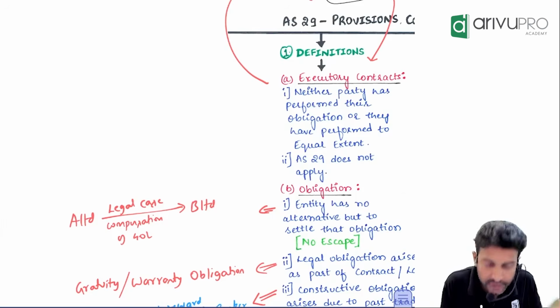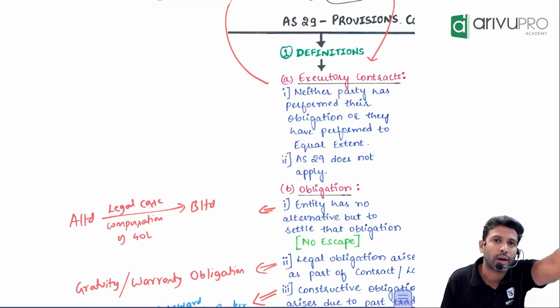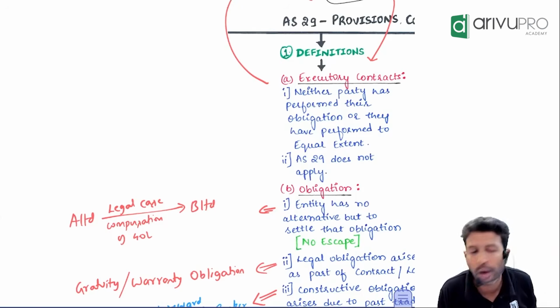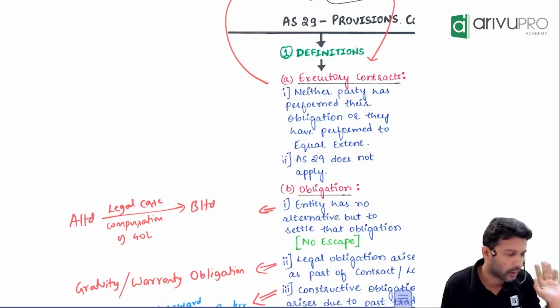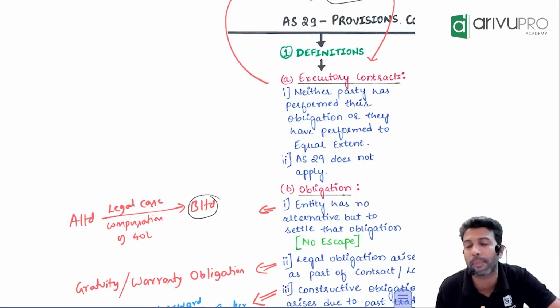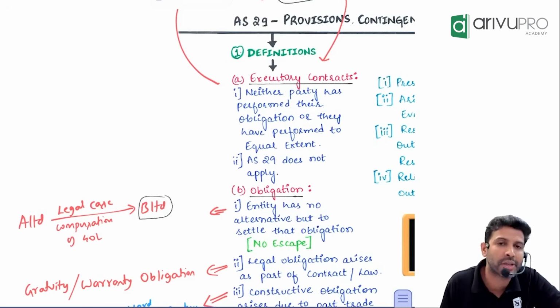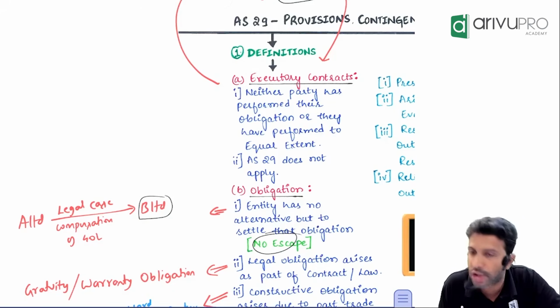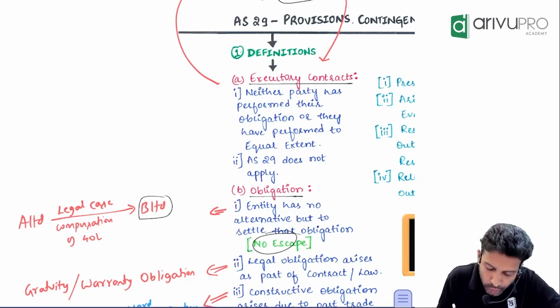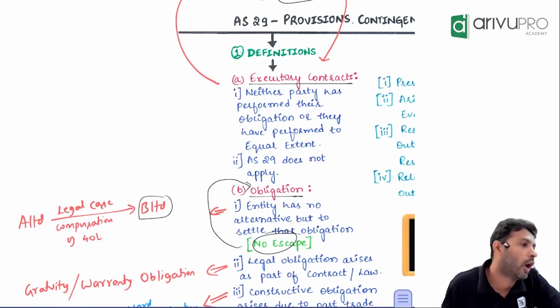If the judge passes a verdict that B has to pay 40 lakh, B has to compulsorily pay. B cannot escape. That means for B Limited, a no escape situation is created. If a no escape situation comes into picture, we say B Limited has an obligation.